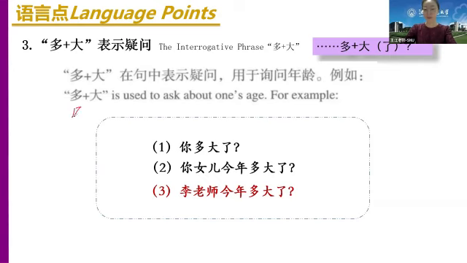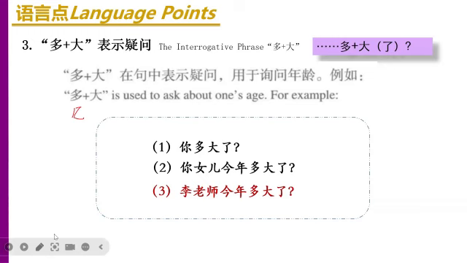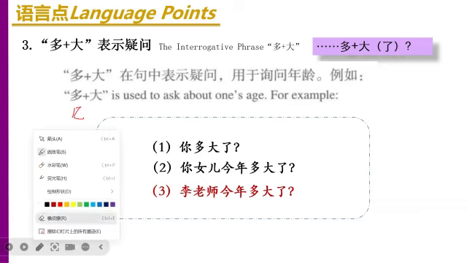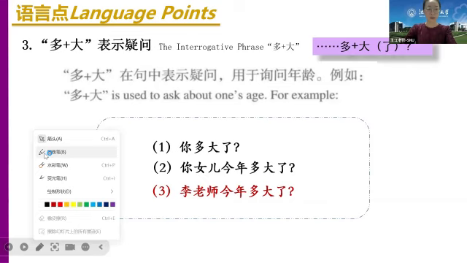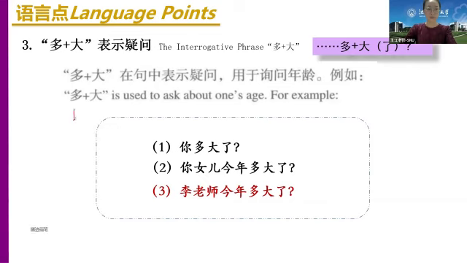Yes, 几岁了? But when we use 几岁, it is used to ask about a child's age, and the child's age should be less than 10 years old.